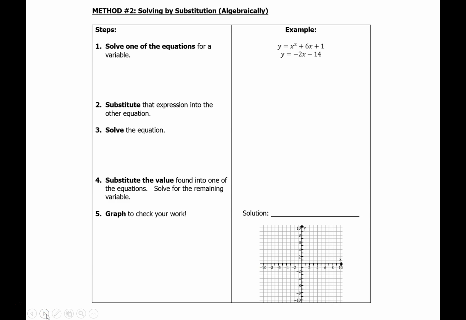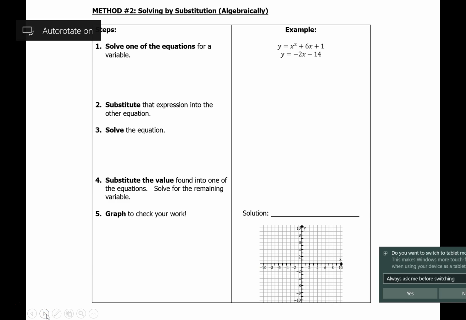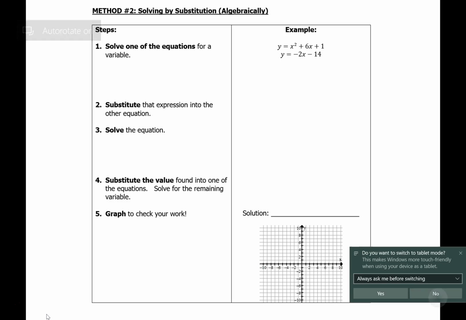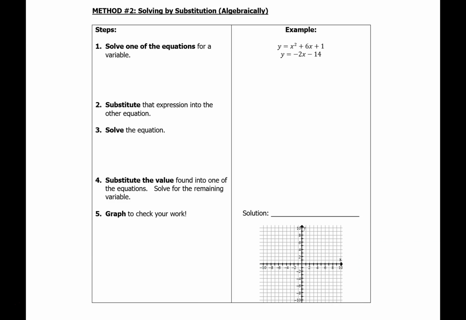Okay, so the second method for solving systems of equations is to solve algebraically by using the substitution method. The basic idea here is that we're going to get the two equations solved for one variable. In this example, both of them say y is equal to, so they're both solved for y. We're going to substitute in the expression from one to the other.